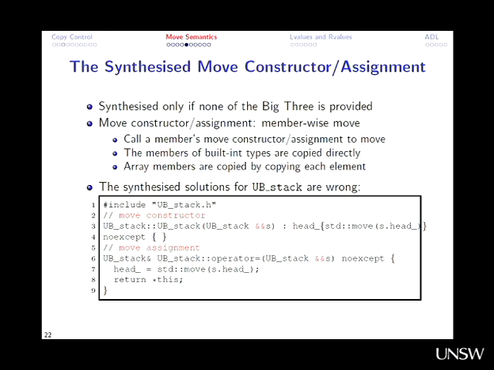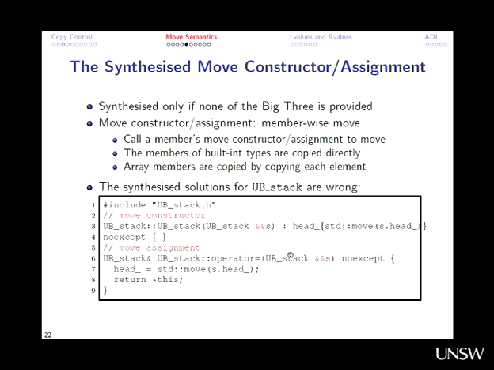For our UB stack class, the compiler-generated versions of them are wrong. The compiler-generated move constructor just says move for head, and that's what you think it might want to do. This is wrong because when we call delete, it's going to end up deleting the stuff that we moved from.